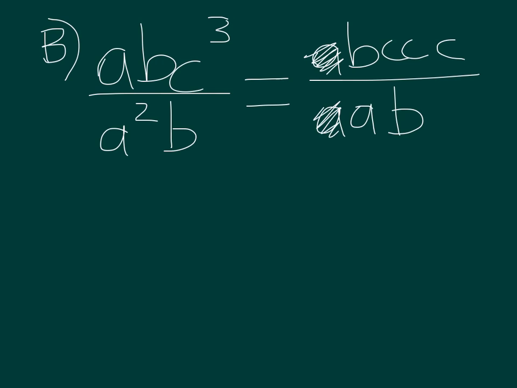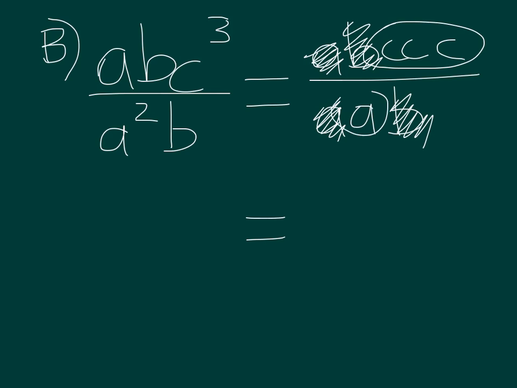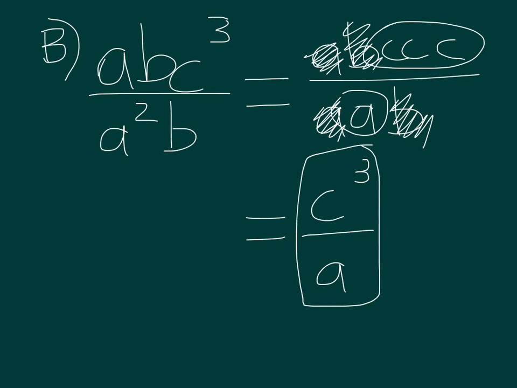There's an a on top and bottom, there is a b on top and bottom, and everything else has nothing to simplify with. So since you have c, c, c on top and just an a on the bottom, this would be c to the third power over a. And that's your final answer. c to the third over a.